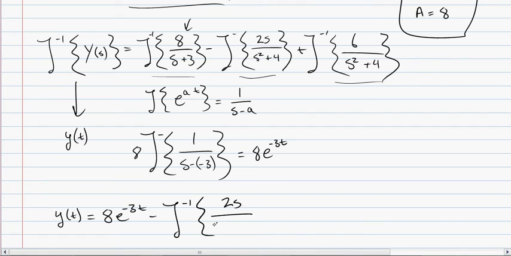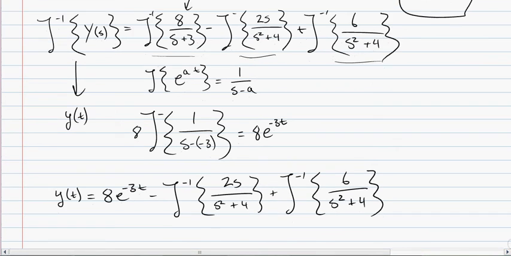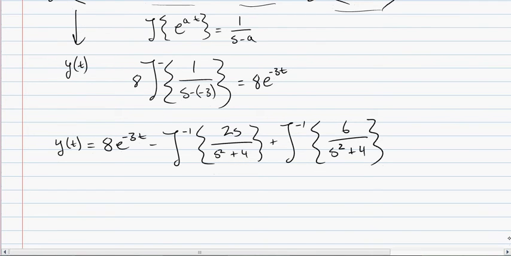And then we've got minus, still got these other ones to go, 2s over s squared plus 4 plus 6 over s squared plus 4. So this one looks familiar. We just did that one. That one comes from the sine. But this one has got the s on top. So what do we do with that?